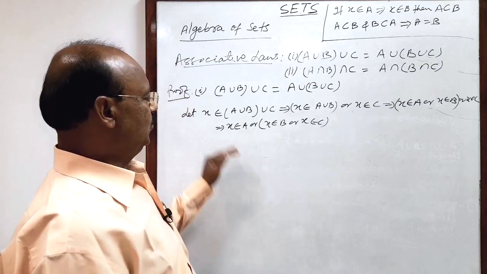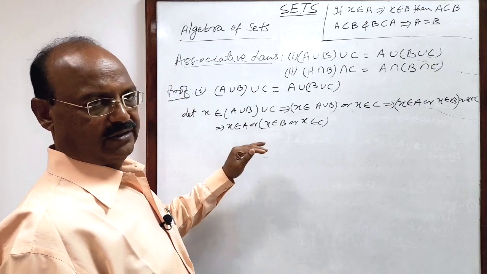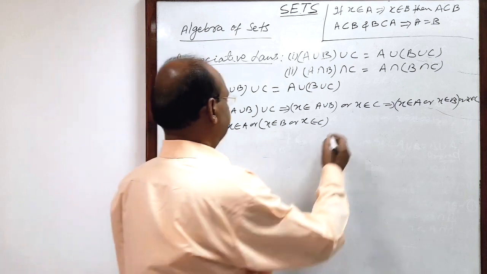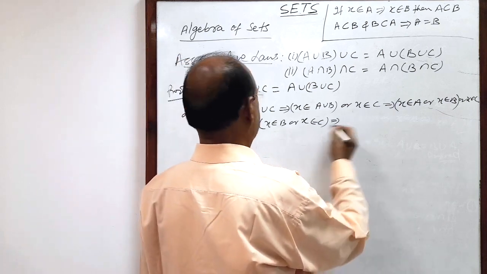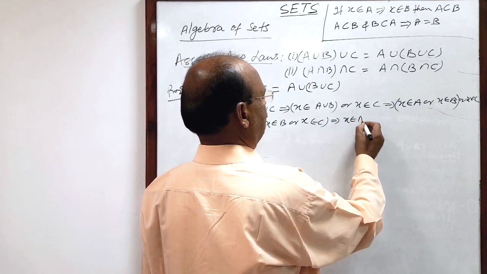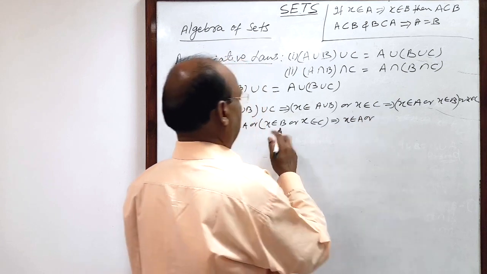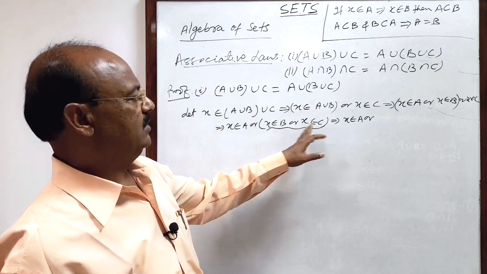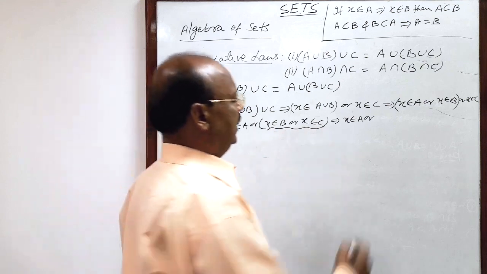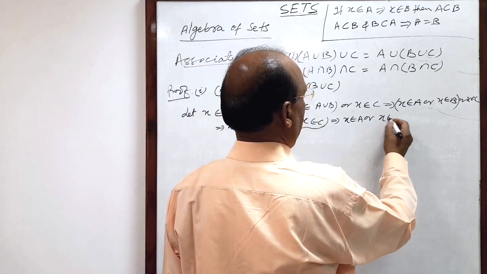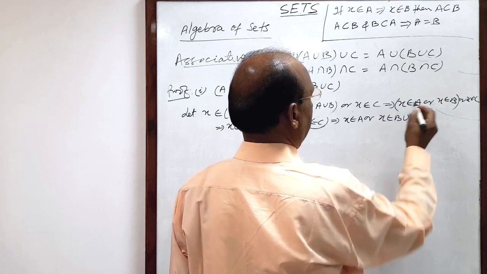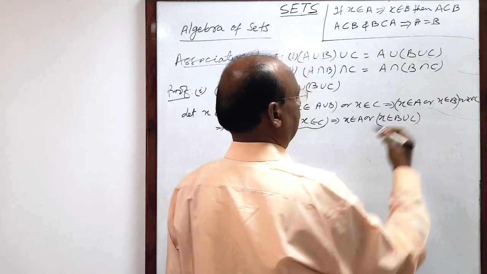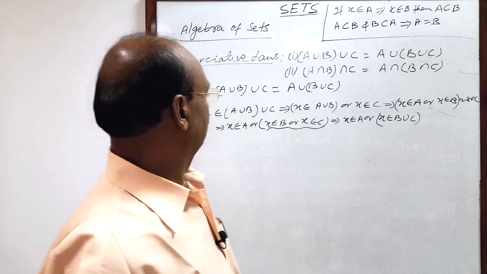Just we are shifting the bracket, and this implies that X belongs to A, or for the statement X belongs to B or X belongs to C, we can write X belongs to B union C. Correct?